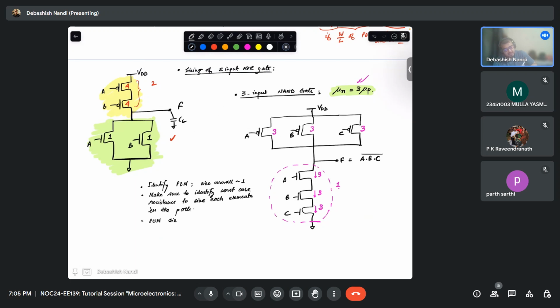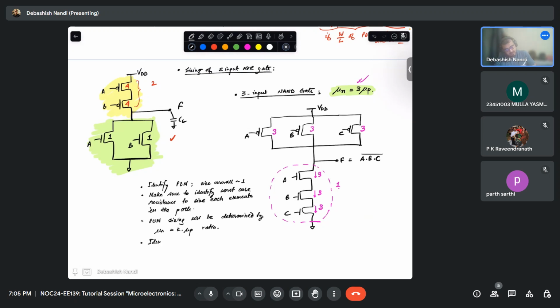PUN sizing will be determined by mu n equals to k times mu p ratio.